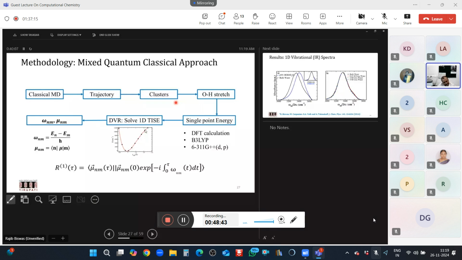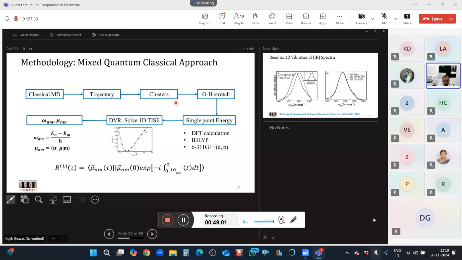Then we did quantum mechanical calculations for only that single OH oscillator. Now you are seeing I am using both classical mechanics as well as quantum mechanics. It is based on the phenomenon I am looking at, right? Here I am looking at vibrational spectroscopy, so I have to go for a quantum mechanical treatment.